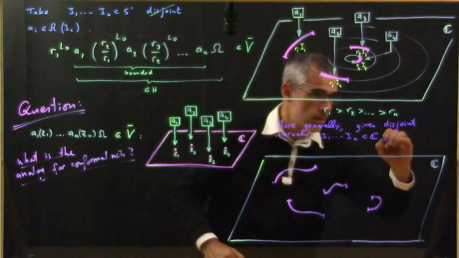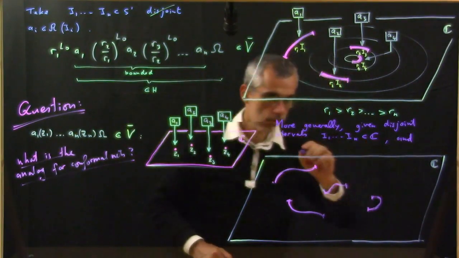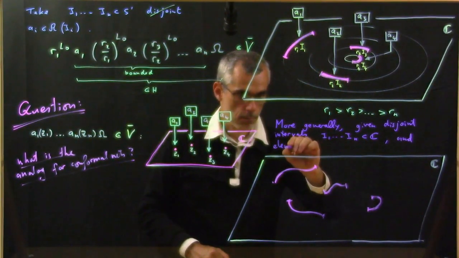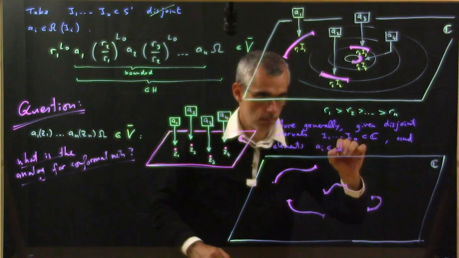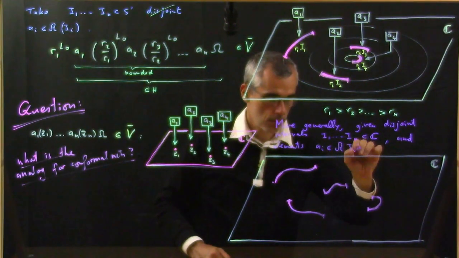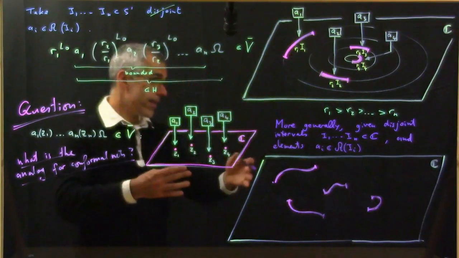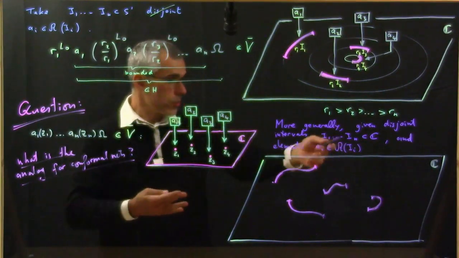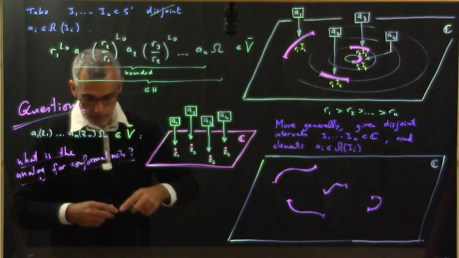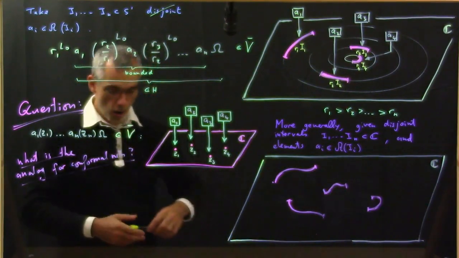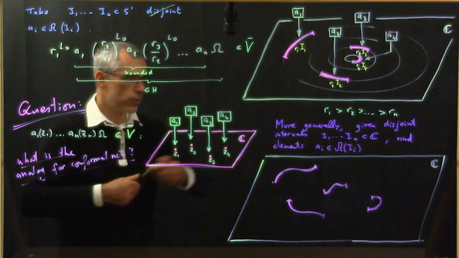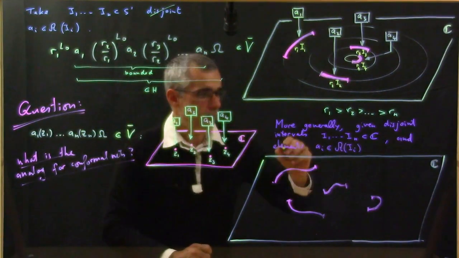And given elements in the abstract von Neumann algebras associated to these intervals, what we'd like is to make sense of something that I'm going to draw in this way, analogous to this.